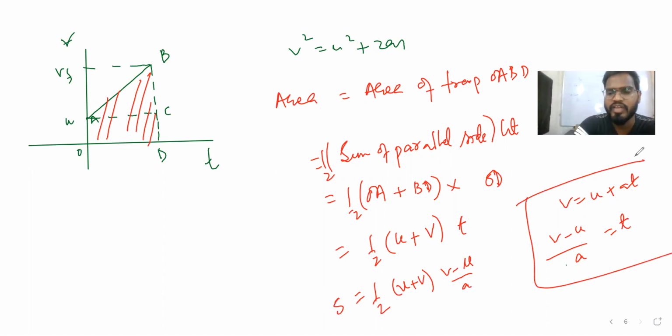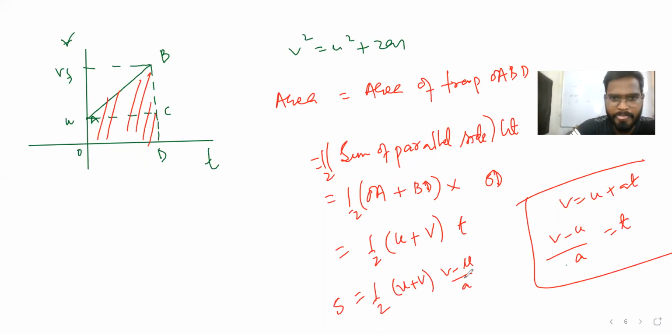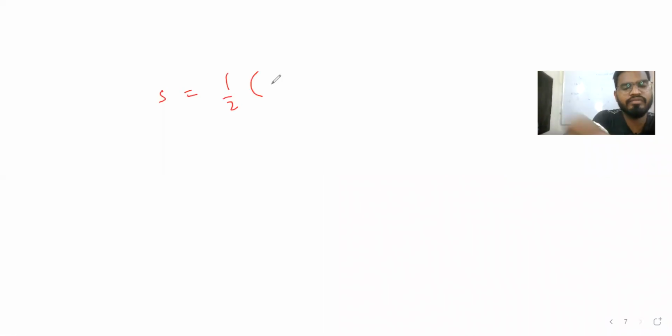Finished. Now we can say that 2AS will go that side. S is equal to half, sum of parallel sides (U plus V), into (V minus U) by A. So this 2A I took here, 2A's.